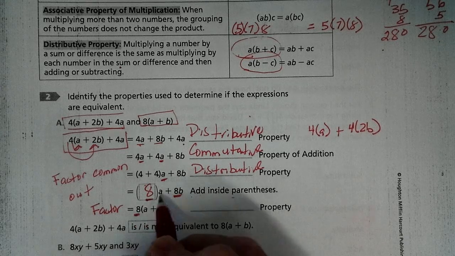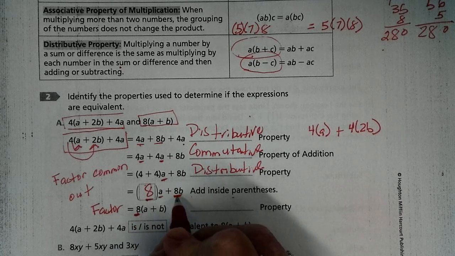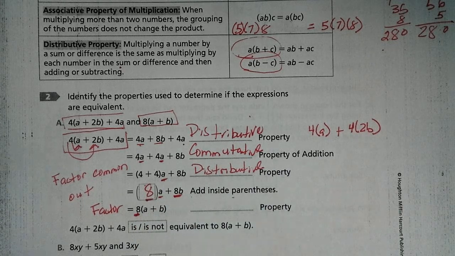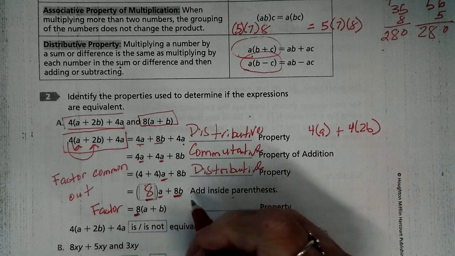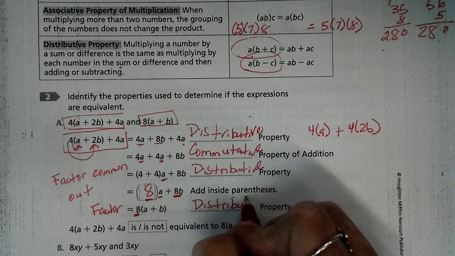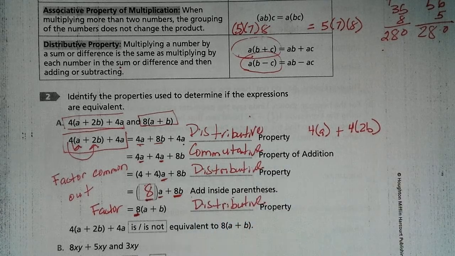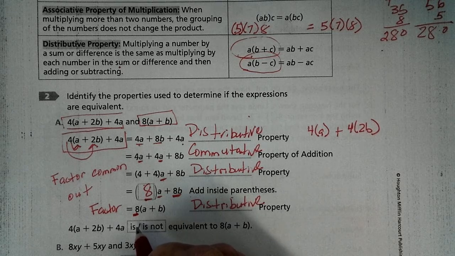What I factor goes on the outside of the parentheses, and then what is left is what I didn't have. So 8 goes on the outside, and then A plus B, and that is the distributive property again. And then it would be whatever A plus B is, and then 8 times that.